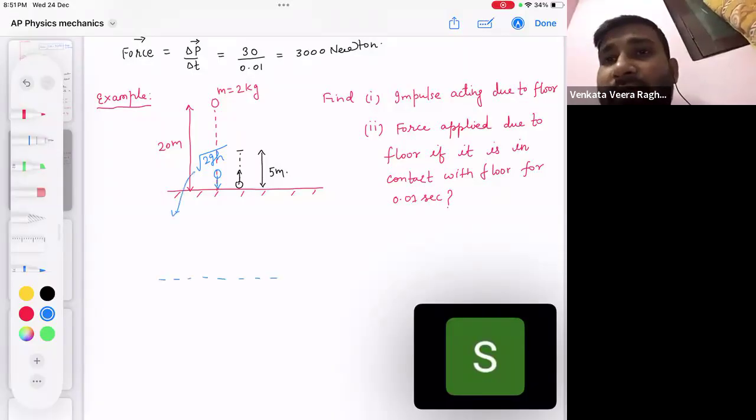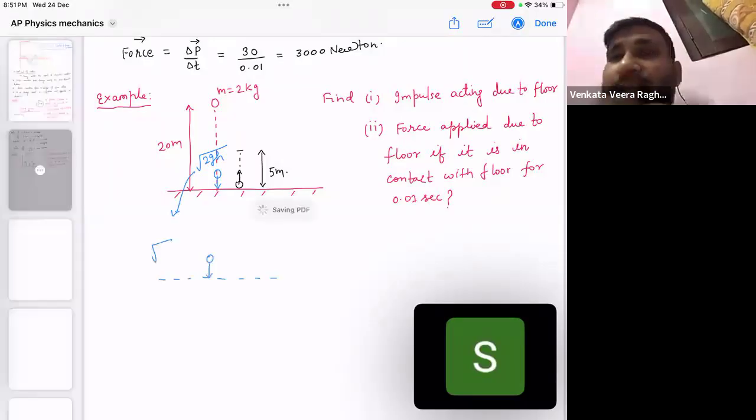So can I say before striking the ground, its velocity is under root of 2gh. Height is given, 20 meter. The question gave the height as what? 20 meter, right? So can we write it? Before reaching the ground, what is its velocity?